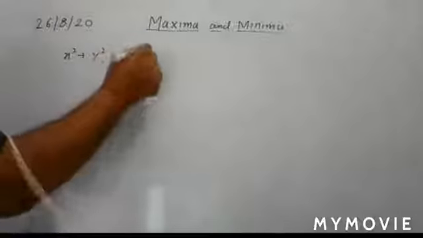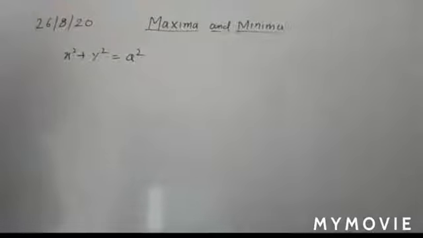Tangent to the circle x square plus y square is equal to a square at any point on it in the first quadrant makes intercepts OA and OB on x and y axis respectively.